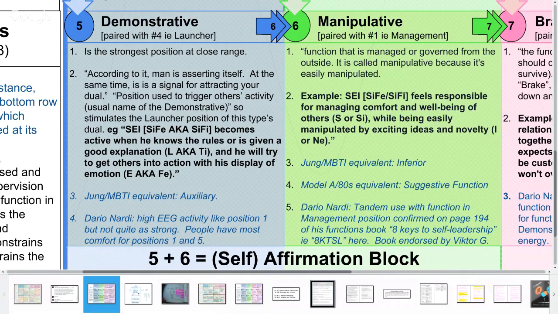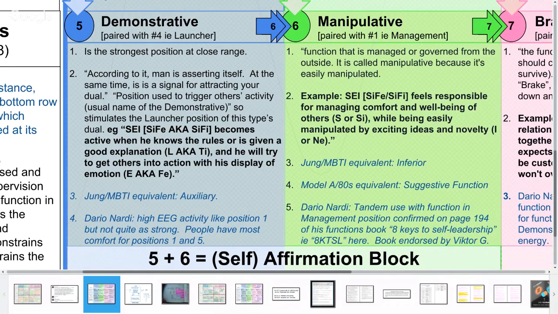MBTI ISFJ feels responsible for managing comfort and well-being of others, while being easily manipulated by exciting ideas and novelty. Maybe if they're an intelligent one, right? Young MBTI. I mean, they are sensors after all. It depends on the intelligence level, and so it depends on how close the S versus N is.